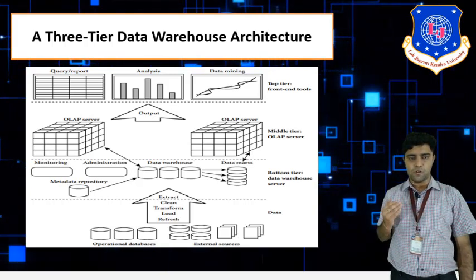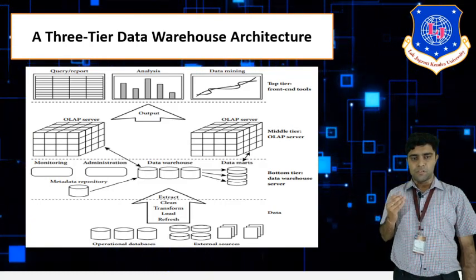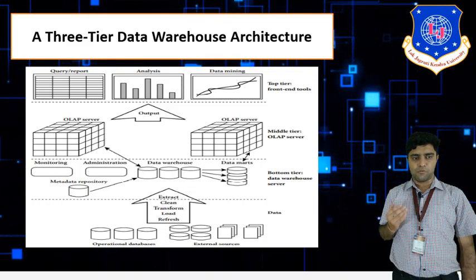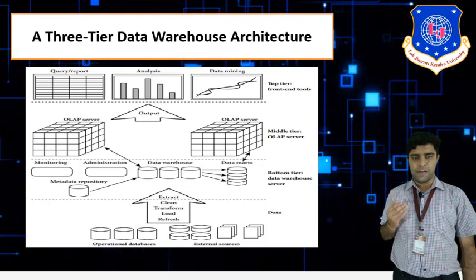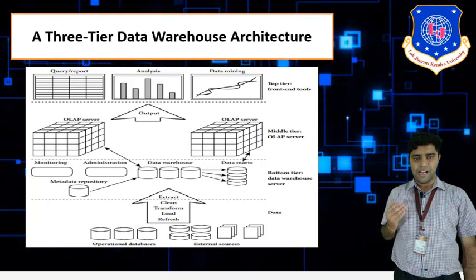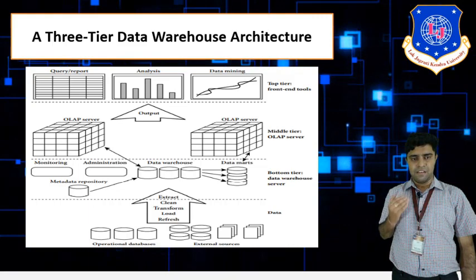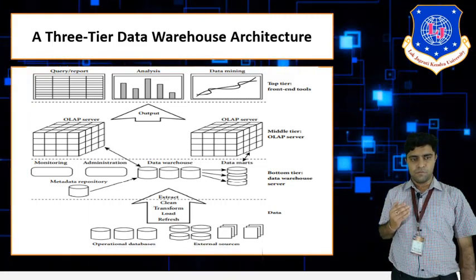After that, the output is given to the topmost layer, that is the front-end client tools, where different tools are used, like query and report tools, analysis tools, and data mining tools like trend analysis or prediction and so on. So this is the three-tier architecture of a data warehouse.